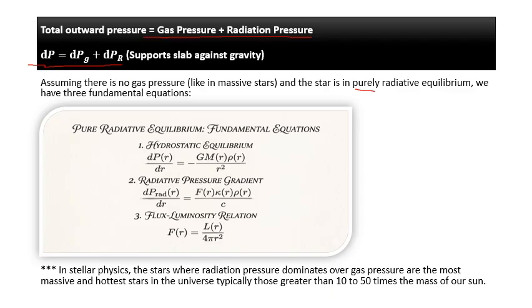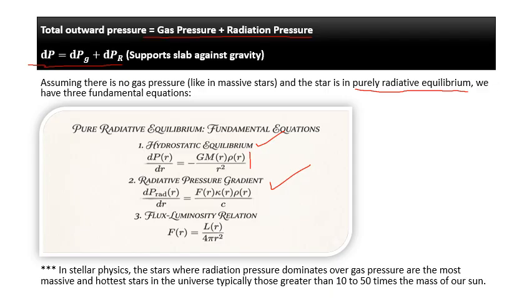In a purely radiative equilibrium state, we have three governing equations. One is the hydrostatic equilibrium equation, as we have discussed. Another is the radiative pressure gradient, F kappa rho C, and we have discussed it as well.